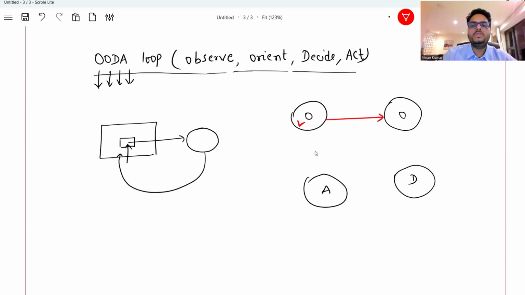After your activity is observed, the orientation happens, meaning analyze and interpret. When that happens, a decision is taken of the best course of action. It is done, and then it is analyzed and observed again. So what you see here is the OODA loop, and this keeps on going whenever you work with real time data or real time responses are needed.